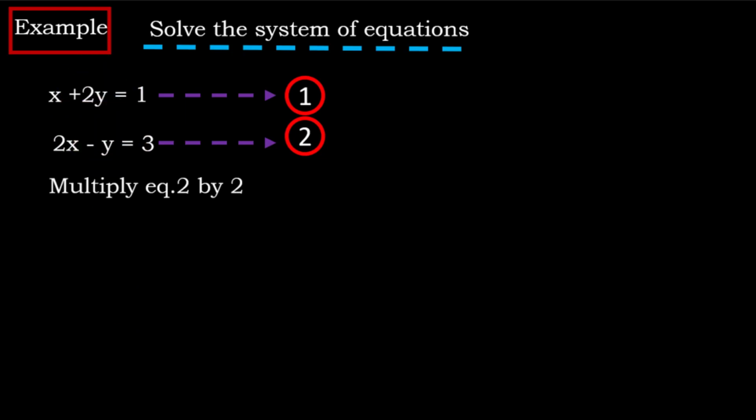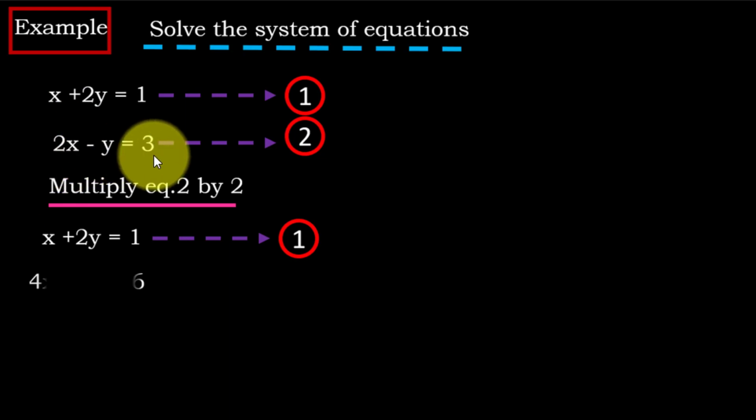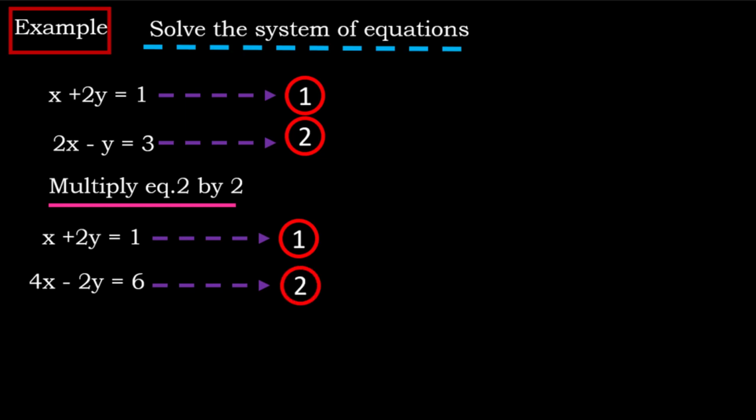Now multiply equation 2 by 2. We will get x plus 2y equals 1, this is equation number 1, and multiply the second equation by 2. Now 2 times 2 will be 4x minus 2y equals 3 times 2 equals 6. Now we can write 4x minus 2y equals 6. This is the second equation multiplied by 2.